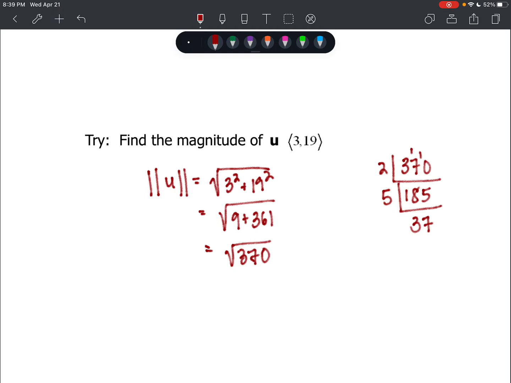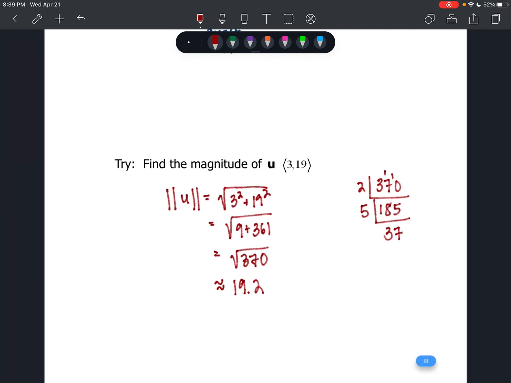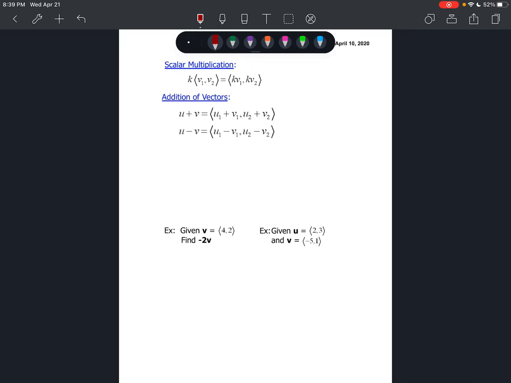It is a product of 3 prime numbers in which there's no pairs. So it doesn't break down, square root of 370, or approximately 19.2-ish. So good job. Give yourself a pat on the back. We got that simple magnitude going on.